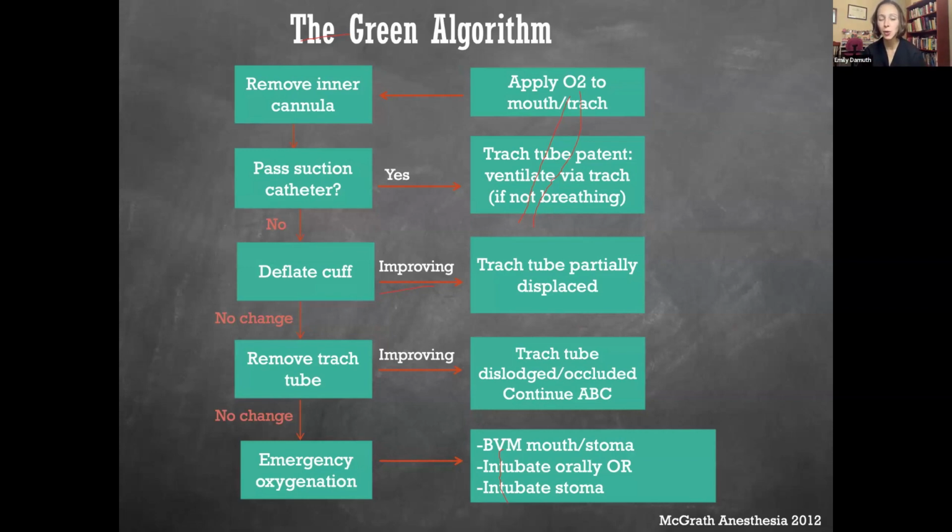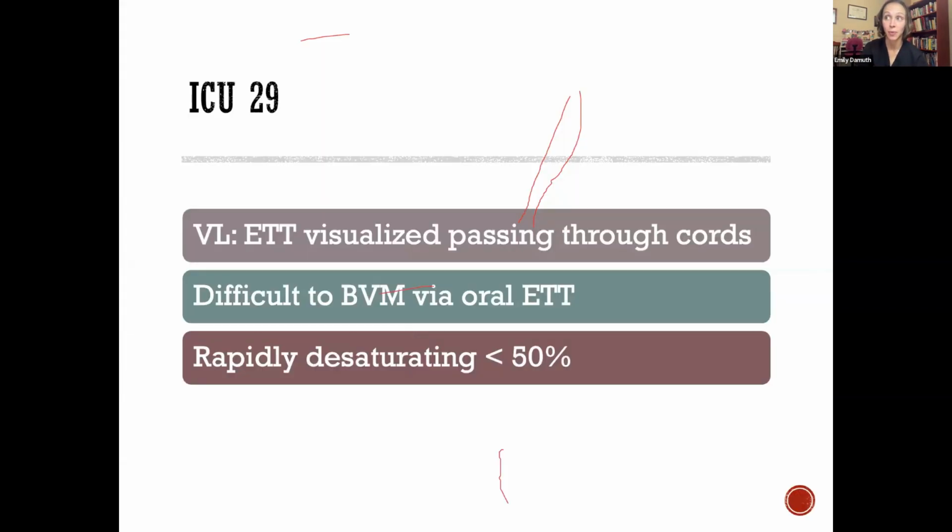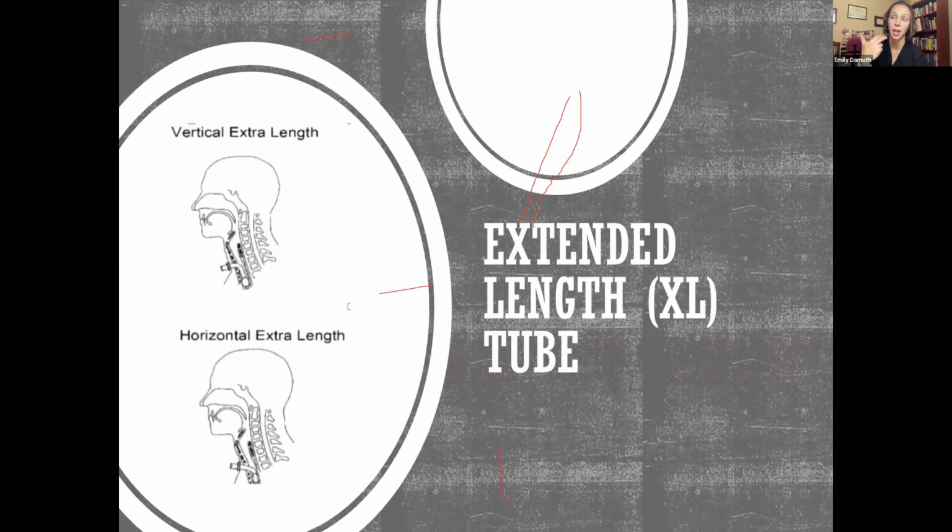So that was a unique scenario where we had two access points, and we should not have had that tracheostomy tube balloon inflated. Fortunately, she did desaturate, she did not code, and we were able to get the endotracheal tube in.